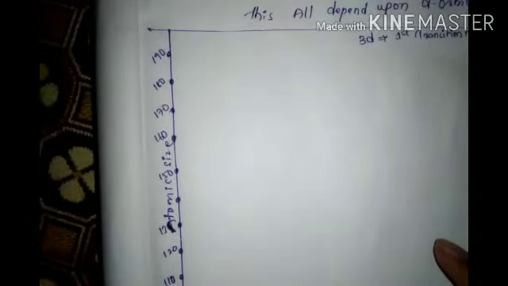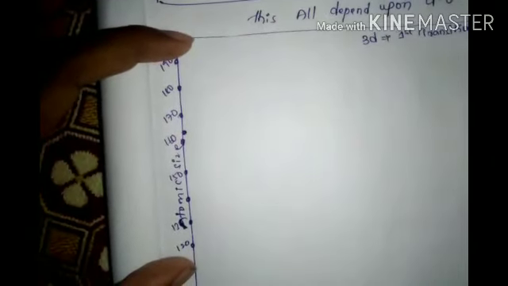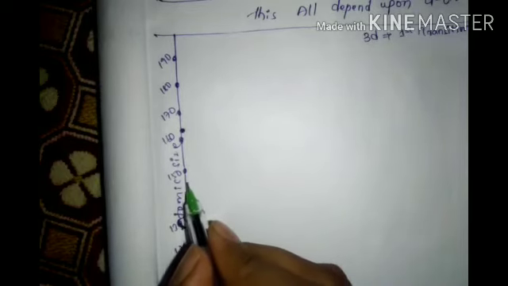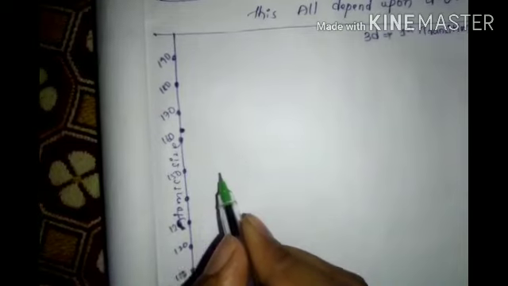Where onwards it started? It is scandium 162. Here it will come. Then titanium 147. 147 means here it will come.